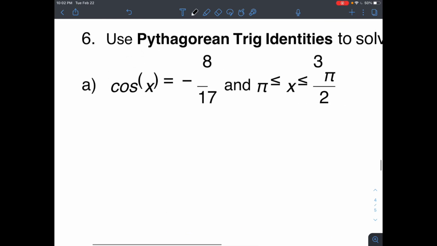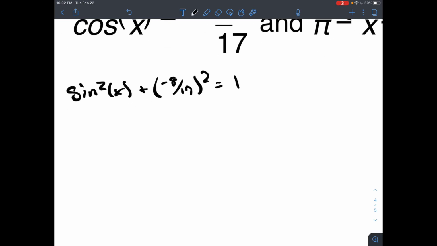So let's go ahead and plug in what we got going on. So we can do sine squared of x plus negative 8 over 17 squared is equal to 1. I believe 17 times 17 is 289. Yes. Okay.